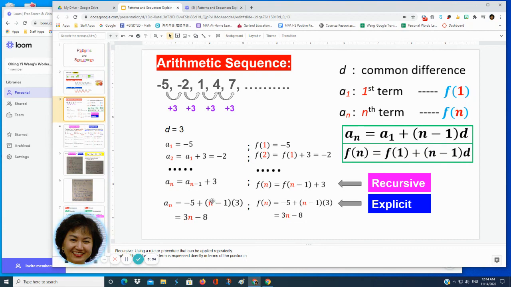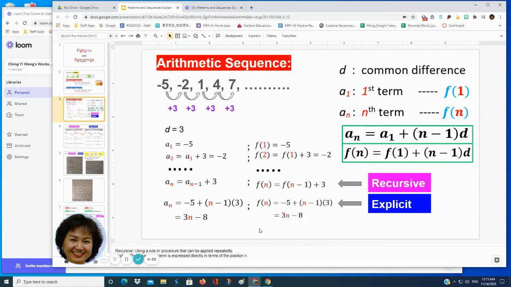Here is another way to express this relation. a sub n equals negative 5 plus (n minus 1) times 3, which equals 3n minus 8. We call this kind of form the explicit form, and this one is the recursive form. We will talk more about recursive and explicit in the next slides.